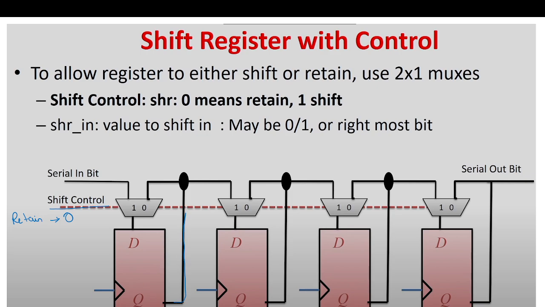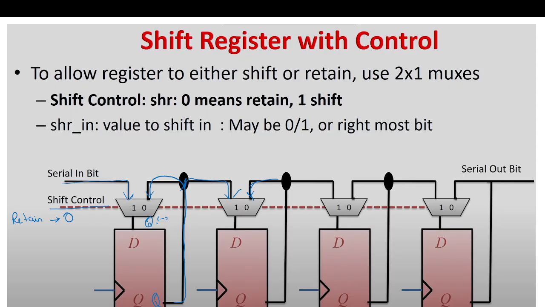That means we apply Q as feedback, so here we get the previous value of Q. And this is the serial shifting-in bit. So this is the previous output, which is the shifting-in bit, and its own flip-flop output will come here. Okay, so this is with the control.